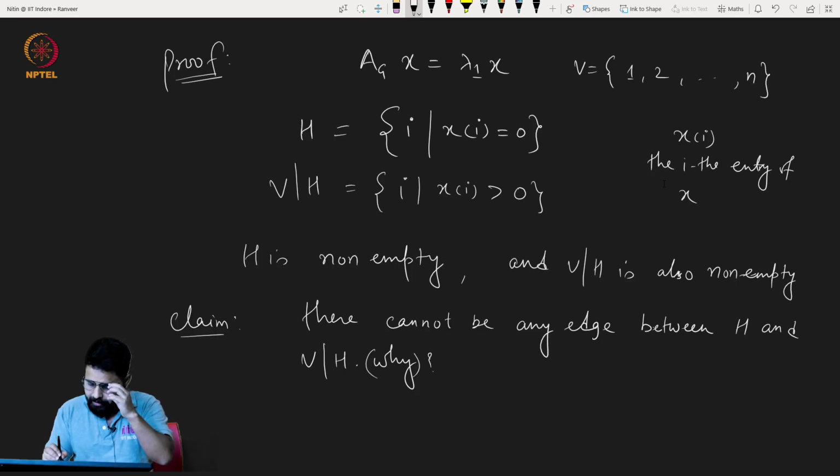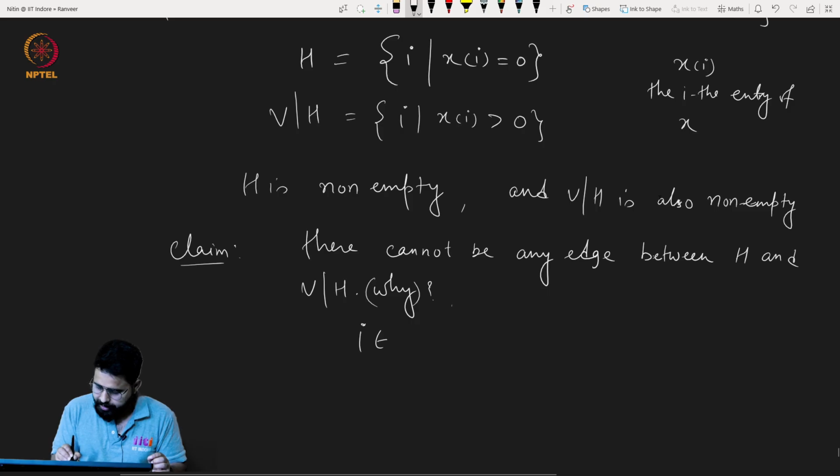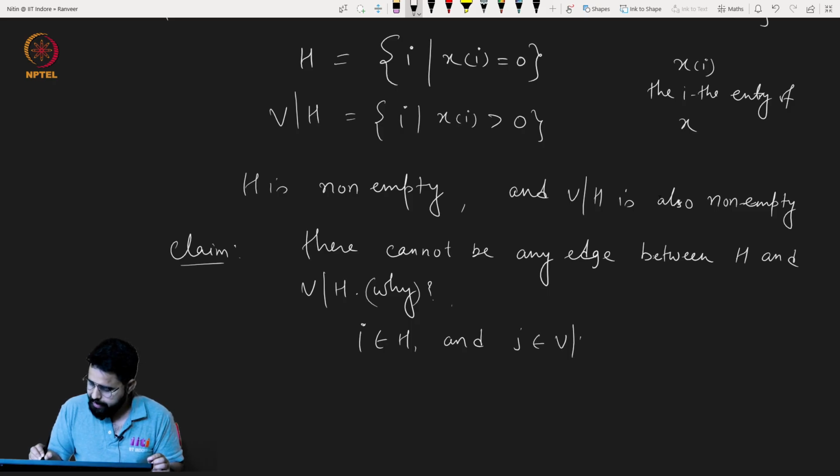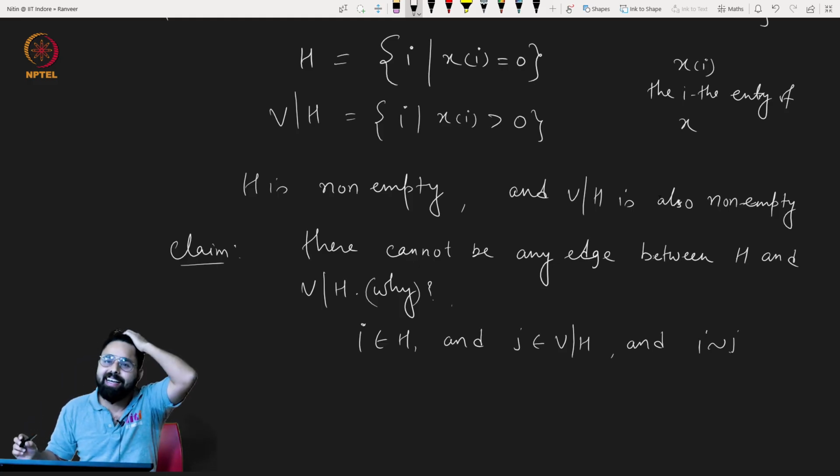Let us prove it using contradiction. Suppose i belongs to H and j belongs to V minus H, and there is an edge. So what will happen in this case? There is an edge between vertex i and j.